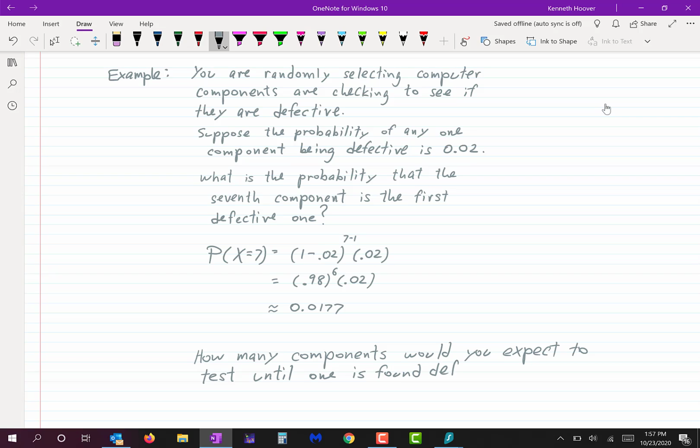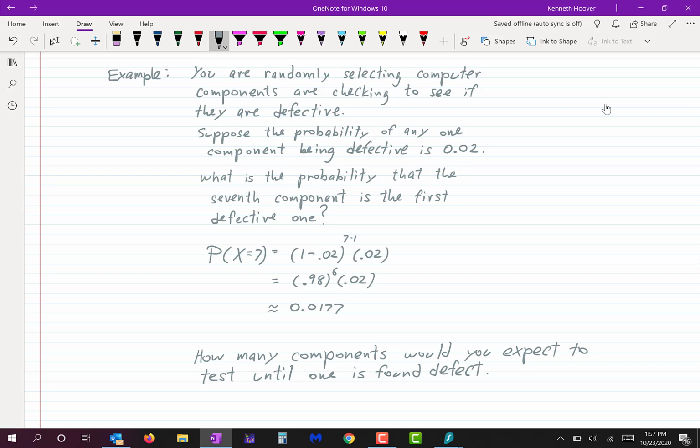This is a different kind of question. In the last question we said, pretend that you have to test 7 of them in order to find one defective. What's the probability of that happening? Now this one, I'm not asking you to calculate a probability. What I'm saying is, you're just now starting to test them.